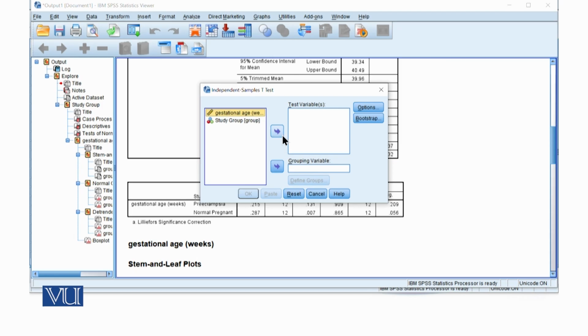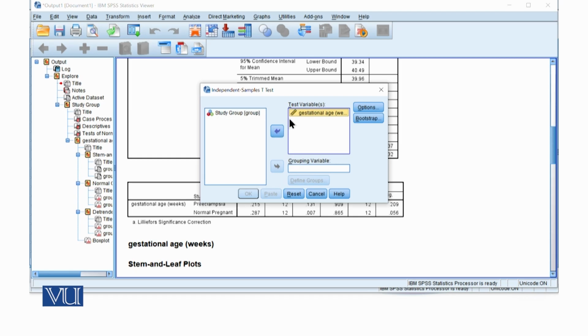To perform the independent samples t-test, our variable named age will be treated as our test variable because we are making the comparison of age, gestational age, in the two groups. The first group is preeclampsia and the other group is the normal pregnant women.